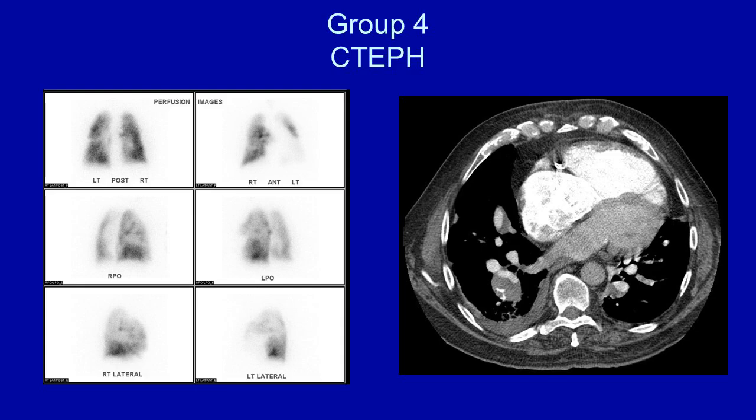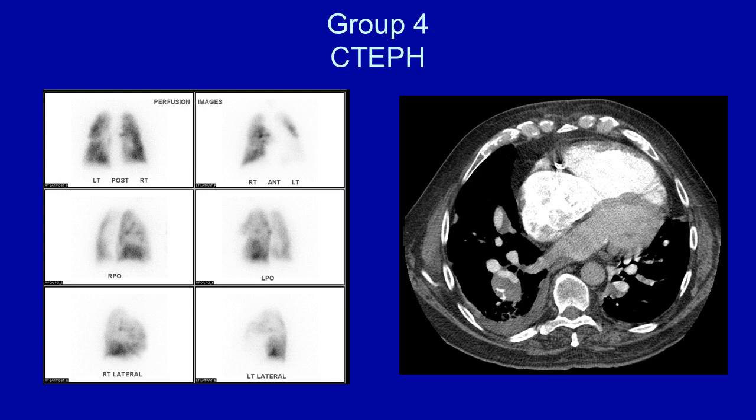The diagnosis of CTEPH is really made based on multiple radiological modalities. The imaging on the left you see are perfusion images, and when you look at it, there's a little bit of irregularity to it. However, the accompanying CT on the right shows a large clot sitting down in what is the patient's right base, but is on our left, with only a scant amount of contrast getting through, which is where the blood is.